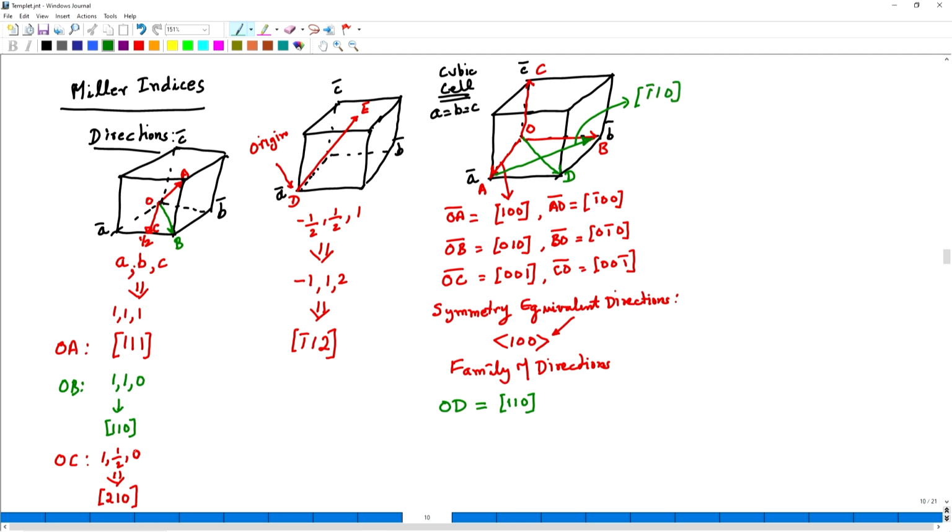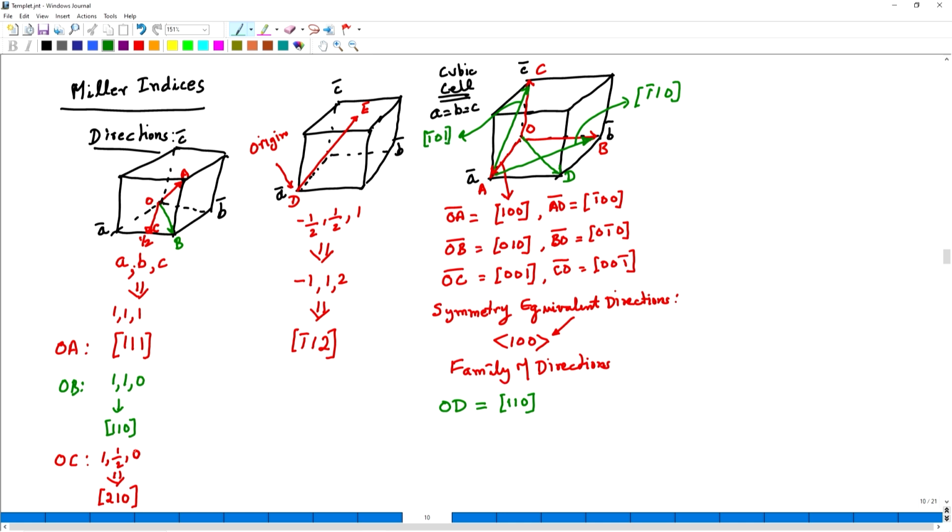Take a third example. If I take this as the direction AC, its Miller indices would be, this time, -1 along A, 0 along B, and 1 along C, and therefore the indices become bar 1, 0, 1. And so on.